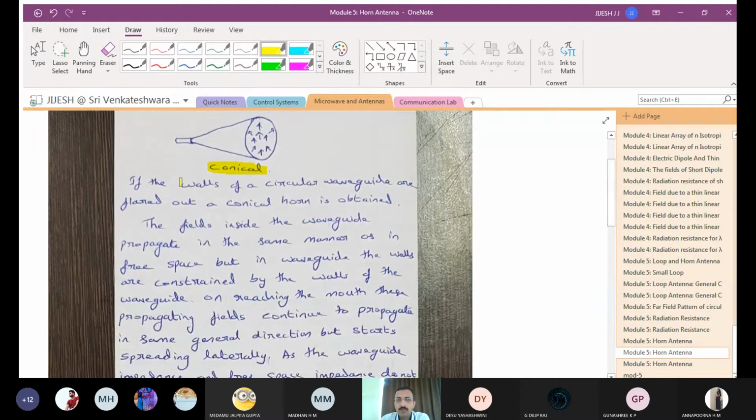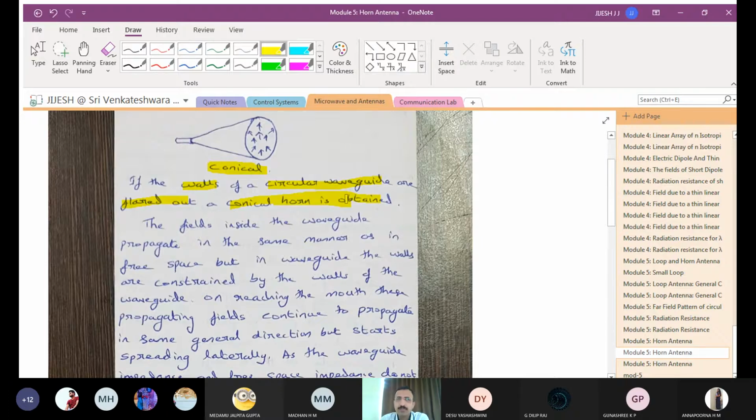If the walls of the circular waveguide are flared out, a conical horn antenna can be obtained. You have now seen the rectangular horn antenna, circular horn antenna, as well as the conical horn antenna.